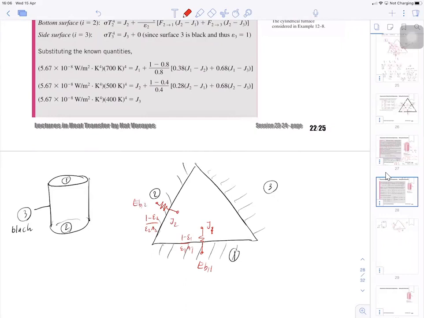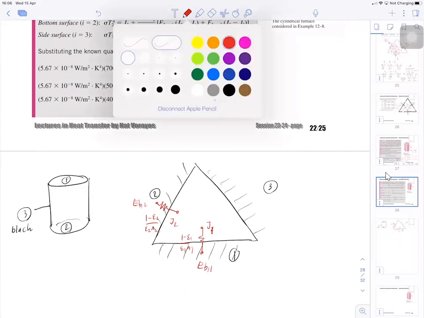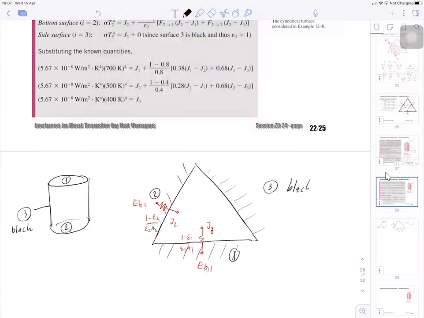Then, because surface 3 is black, it has no internal resistance. J is equal to EB plus rho G, and because it's black, rho is equal to 0. So J3 is going to be equal to EB3.